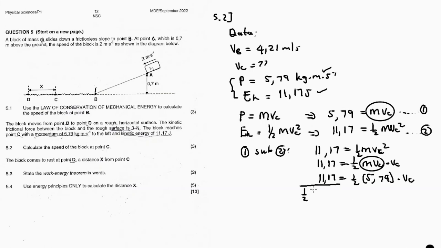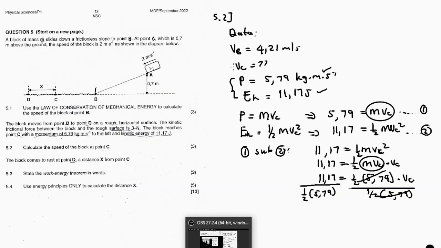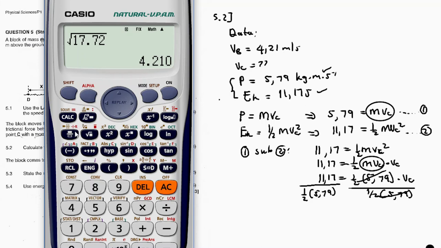Then you divide by half 5.79. They cancel lena, and then we calculate again. What's a calculator? So it's 11.17 divided by 1/2 times 5.79.